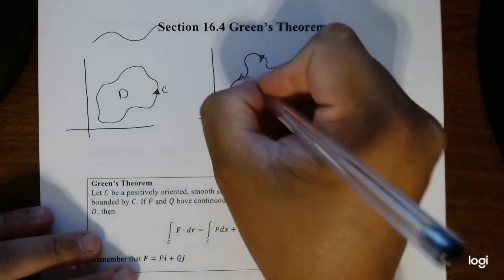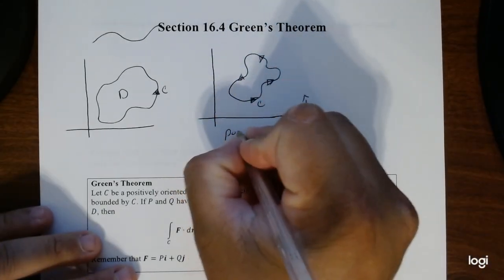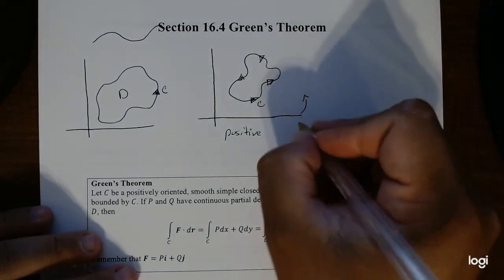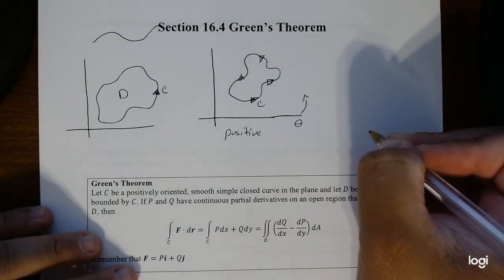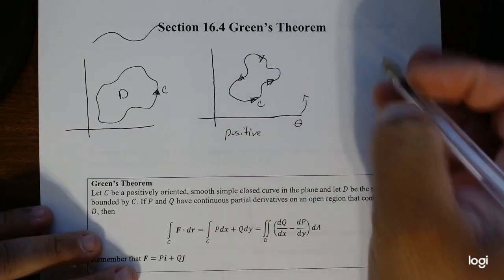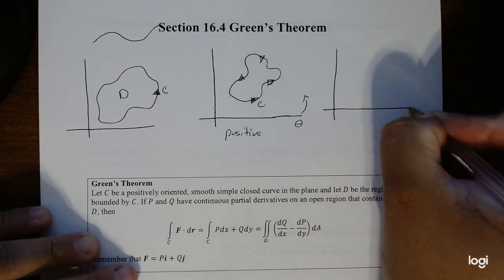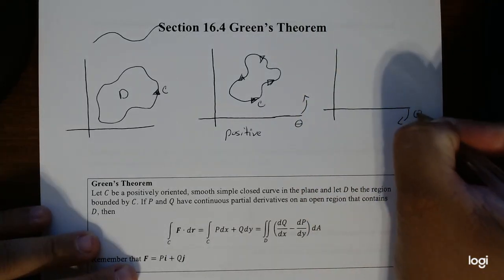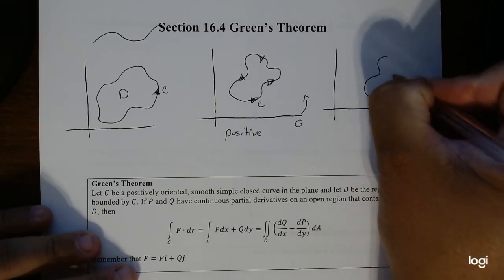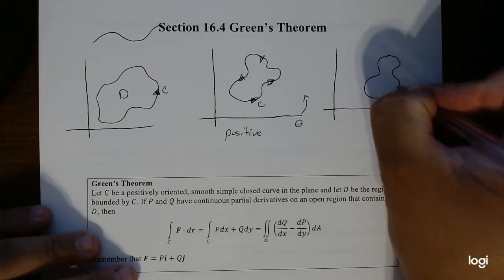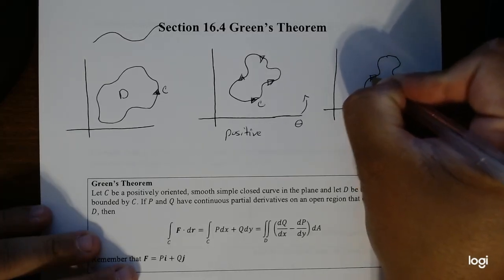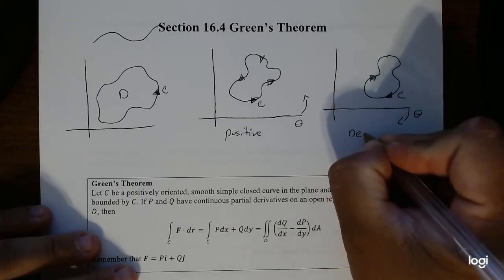You can think of it just like theta: when it comes to angles, positive theta goes this way. Going in the opposite direction, we have a negative orientation. So if our curve C goes in this direction, this is a negative orientation.